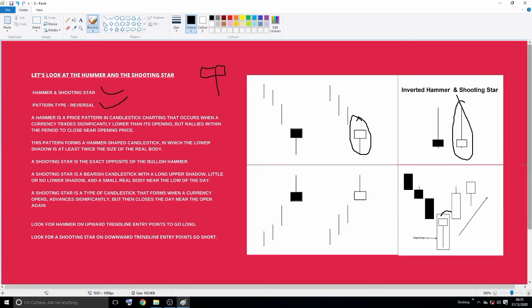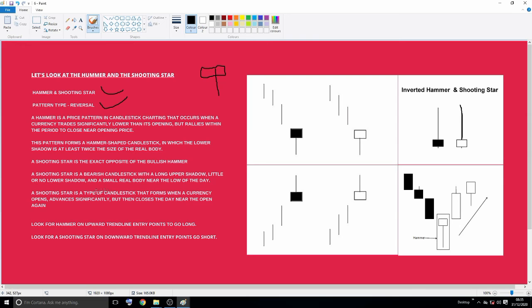So a shooting star has a long wick and a small body. The wick is longer than the body.